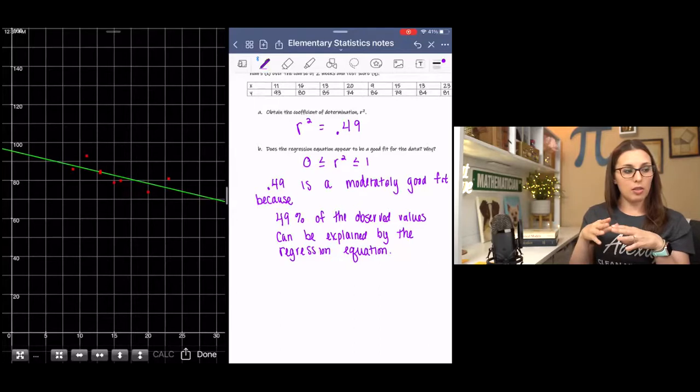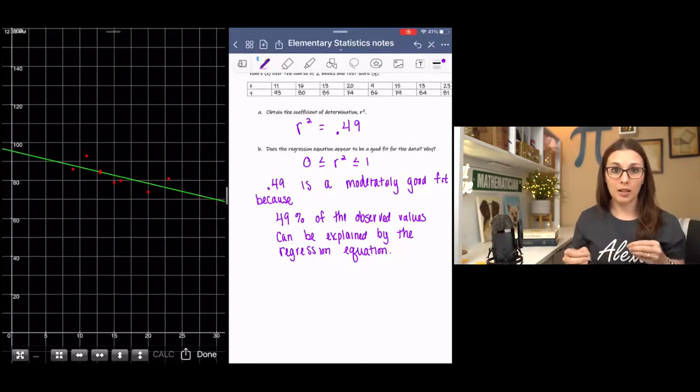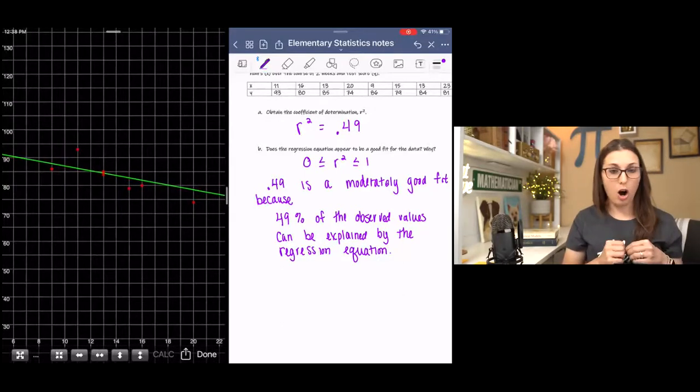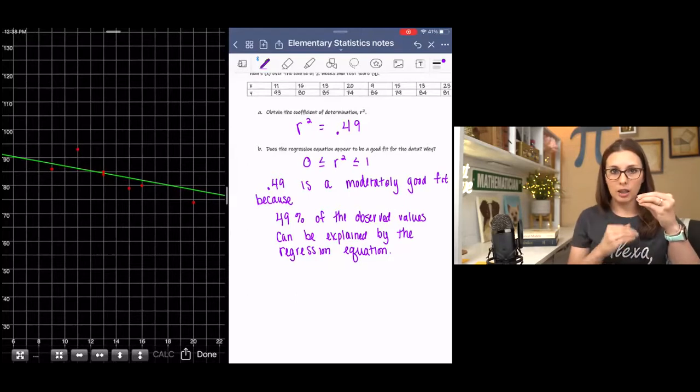And this line has an R squared of 0.49, which is saying that 49% of our dots are explained by this line. Basically it's measuring the error between the dot and the line.